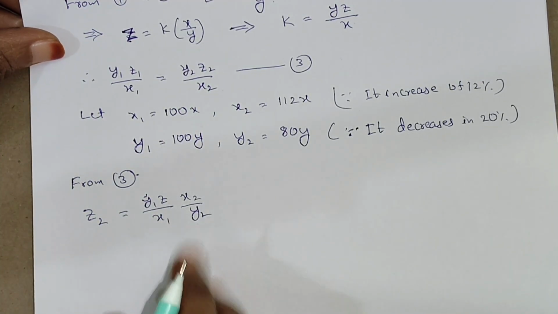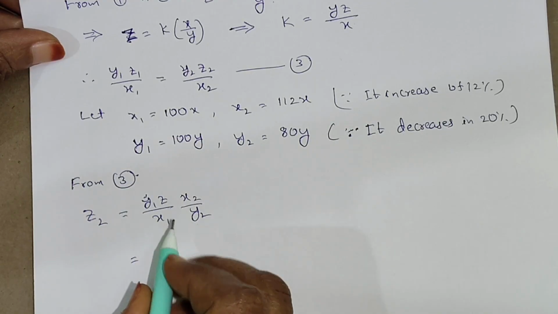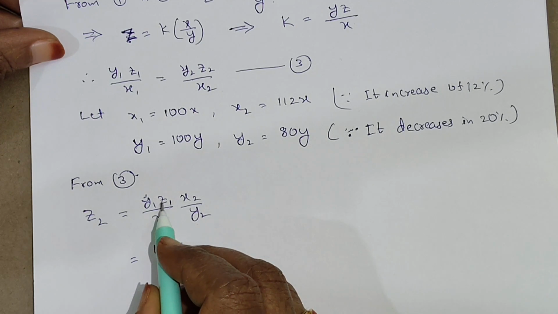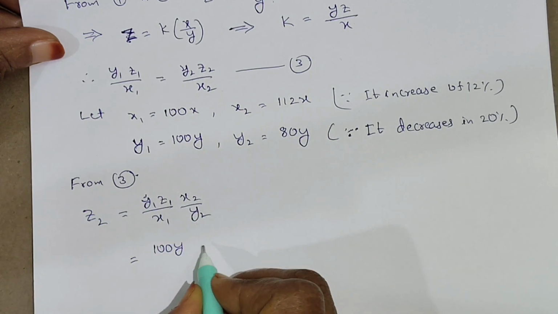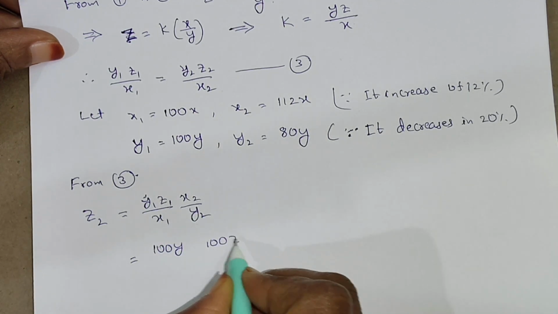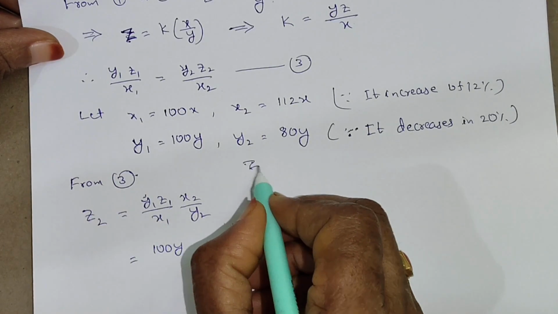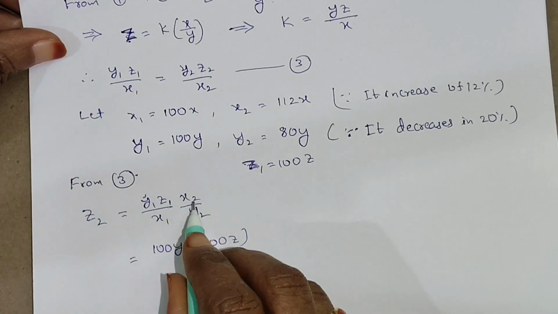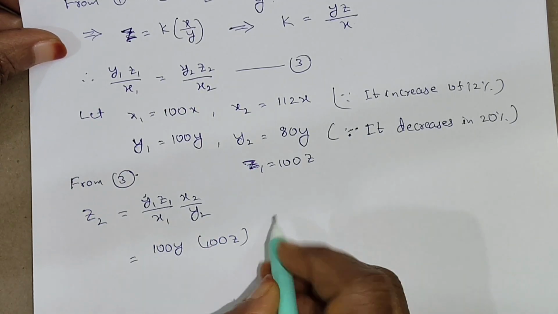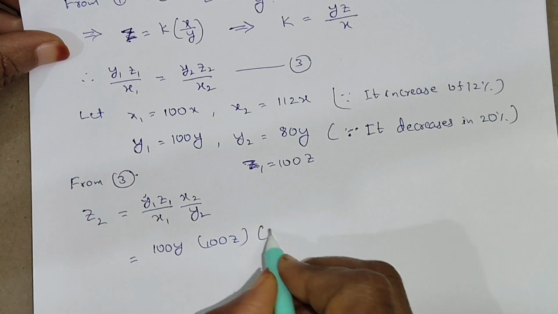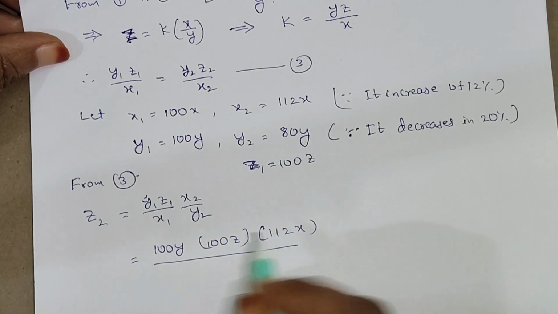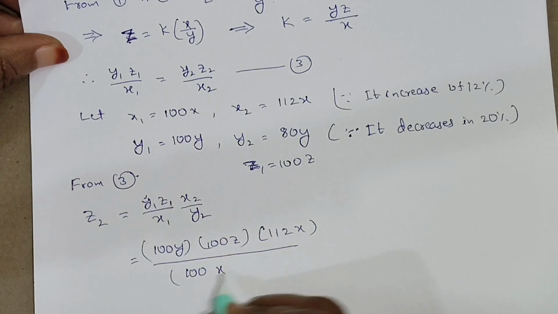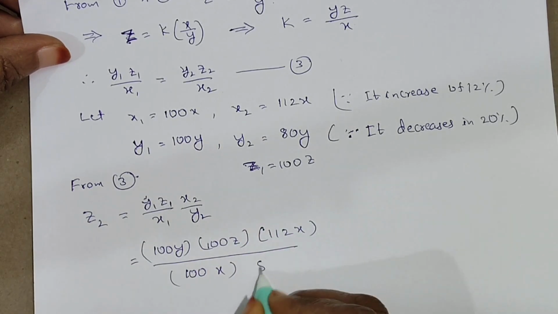Substitute the values: Y1 equal to 100 Y, Z1 equal to 100 Z, X2 equal to 112 X, X1 equal to 100 X, and Y2 equal to 80 Y.